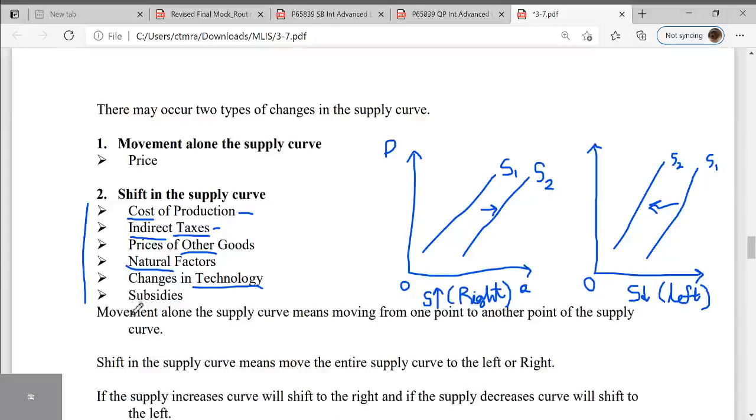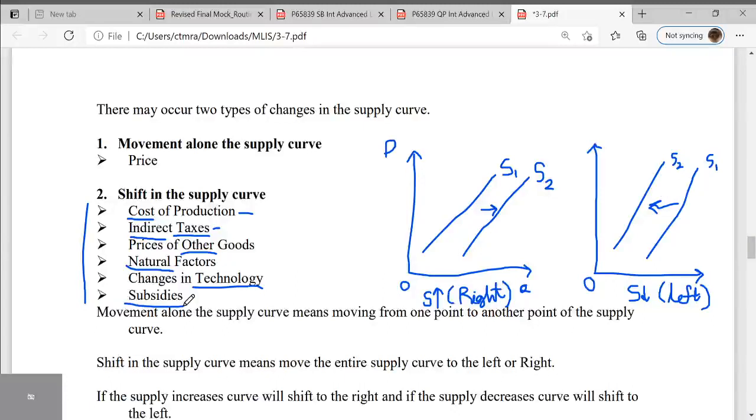Next, we have subsidies. Subsidies mean there will be a rise in supply, because a subsidy is like a grant from the government. A part of our cost of production will be borne by the government.